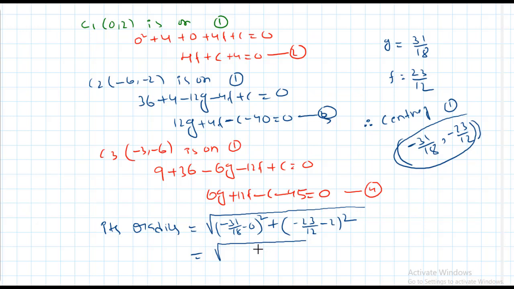After simplifying, I don't want to waste time, you need to simplify yourself. After simplifying, we get 5 by 36 times root over 949. So this is the radius of the circle which passes through the centers of all the circles. The required circle radius is nothing but this plus 3.